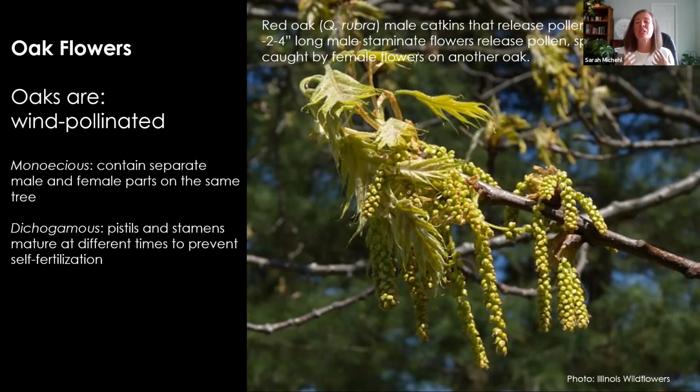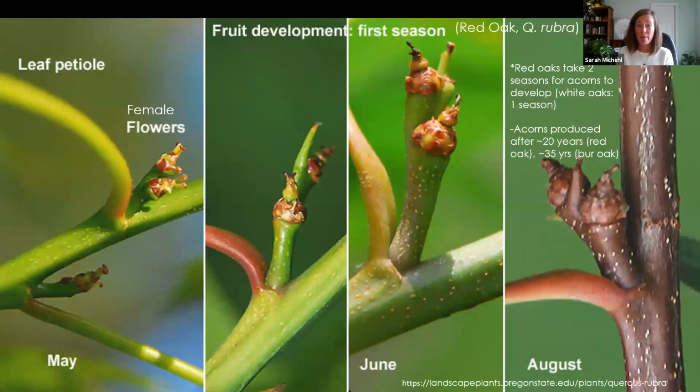It's because they're dichogamous, which means that the female parts aren't going to be open on this particular tree when it is actually releasing pollen from those little catkins. Maybe the female parts are open on a different tree at that particular moment. There's a lot of timing that needs to happen just right for fertilization to happen.